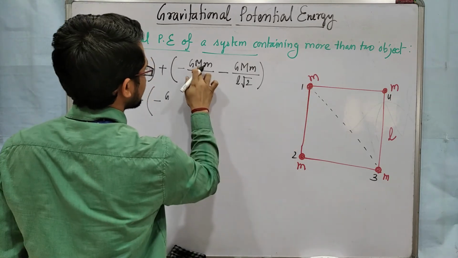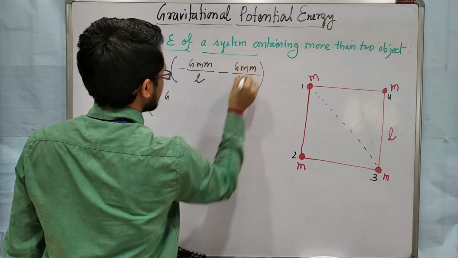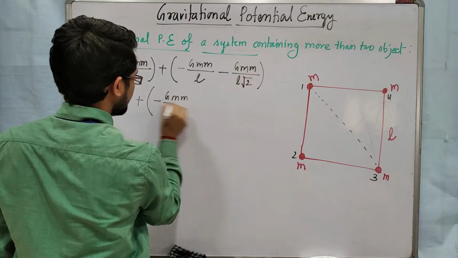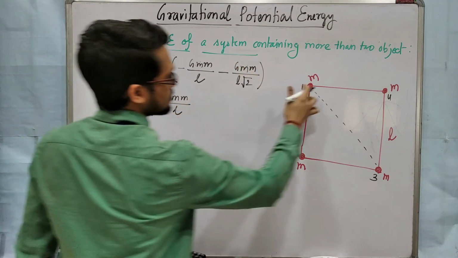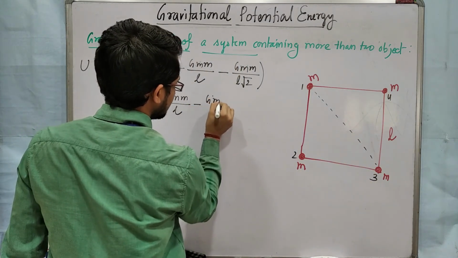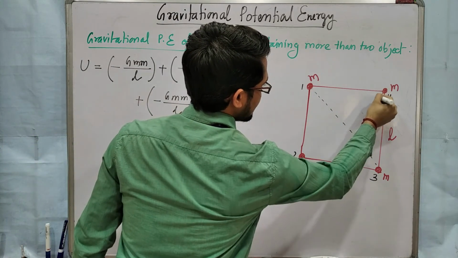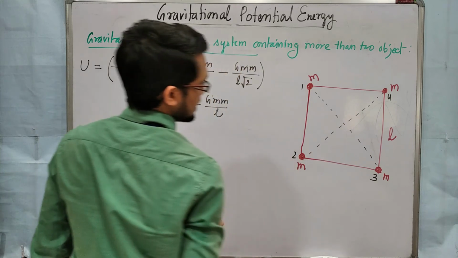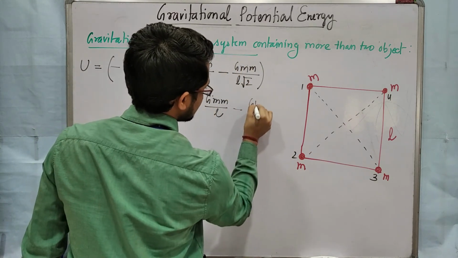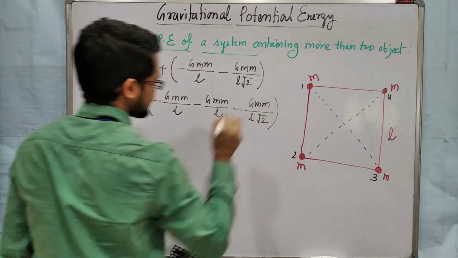For 4 3, again minus G m m by L, and for 2 4, again we have to take this distance, which means L root 2, minus G m m by L root 2.